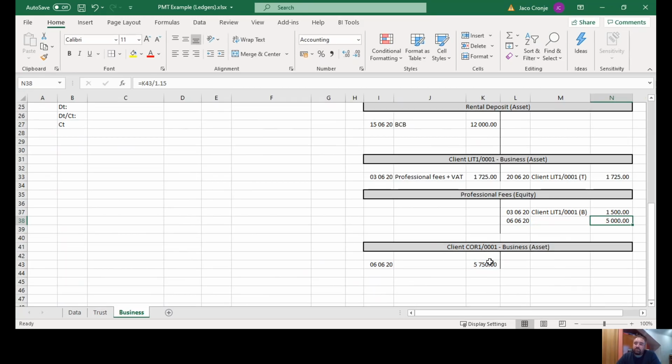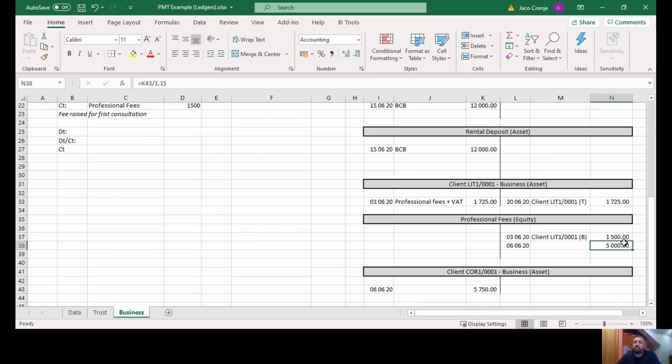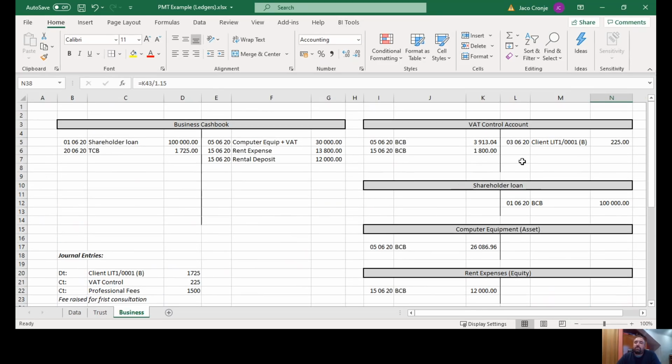And now my journal is not in balance because I've got 5750 there and 5,000 there. So I need to do a credit of 750, or I'm short of a credit, and that is my VAT portion. So over there, 6/6/2020, client COR11, business, 750 Rand.